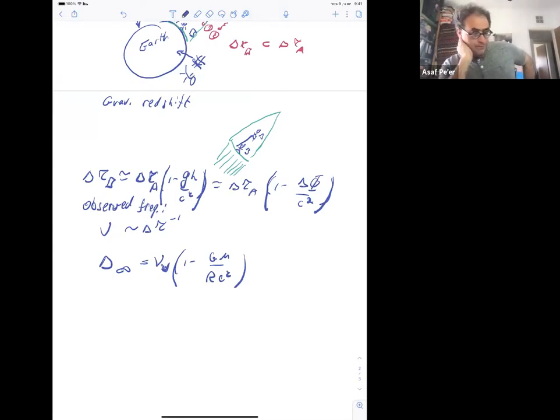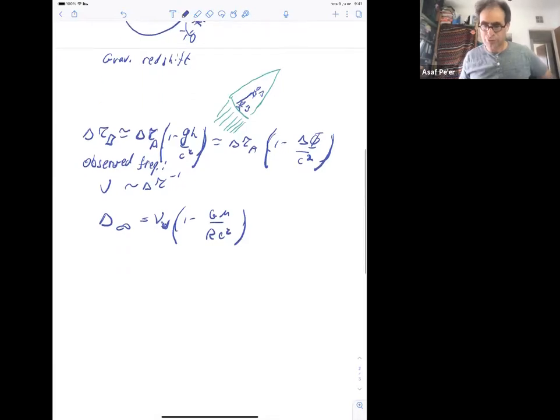Right? So the frequency that we're observing is less than the frequency that is emitted. Essentially, photons lose energy as they climb out of the potential well. That's what really happens there. And that's called a redshift. That's a gravitational redshift, not to be confused with the cosmological redshift, which is something else. We will get to that one day, but not today.